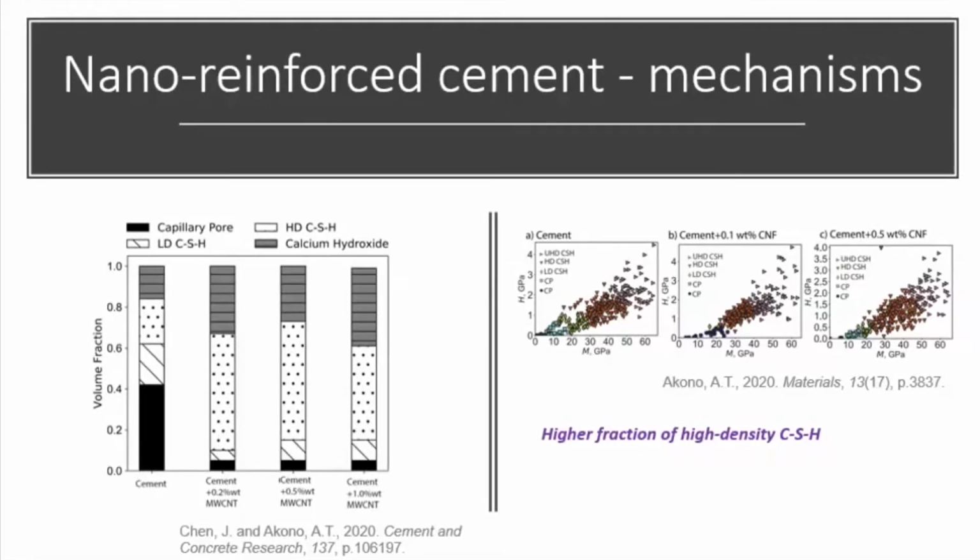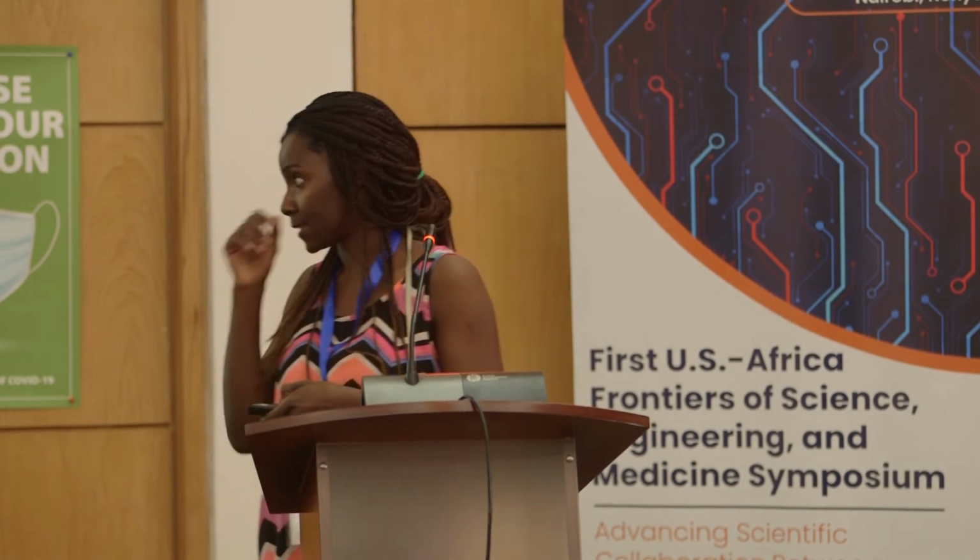If you think of Portland cement, we can break it down to its genome: low density calcium silicate hydrate, high density calcium silicate hydrate, and calcium hydroxide. What we noticed is that when we use carbon-based nanomaterial, we increase the fraction of high-density calcium silicate hydrate and calcium hydroxide, which translates to better mechanical performance, but also to better durability.